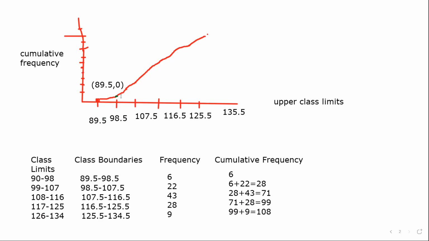This will be easier for you to do on your own paper rather than on the screen, but you're going to have 98.5 and 6 here. And then you're going to have 107 and the next point, which let me go ahead and format those.